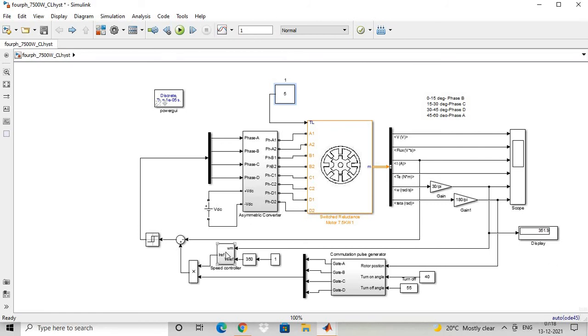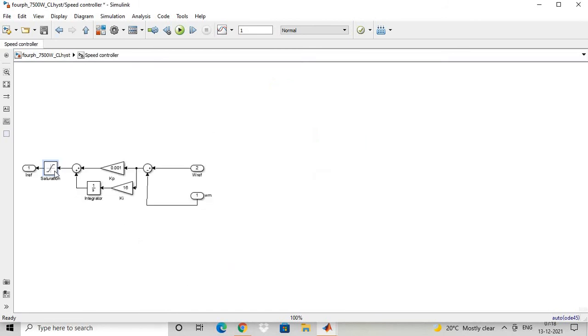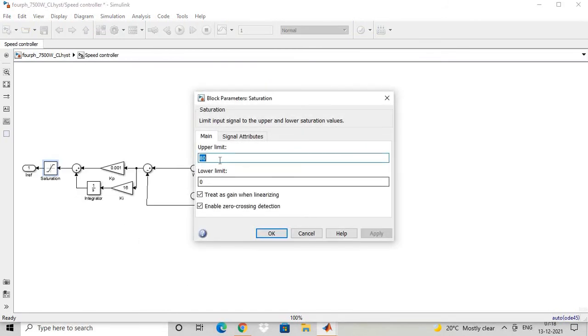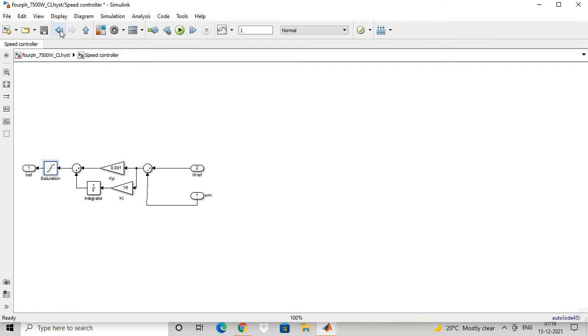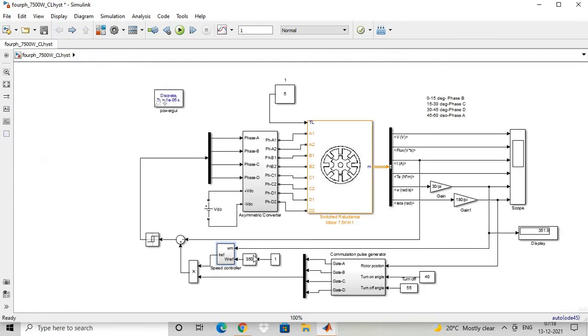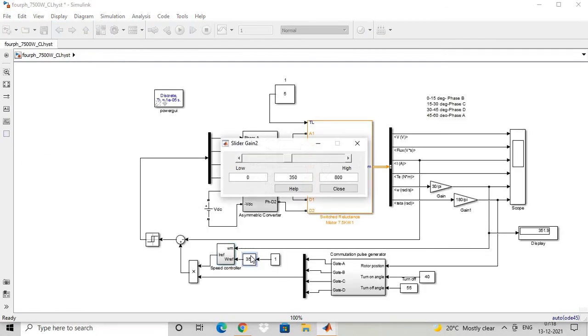Then suppose I change this current limit to 100. Then I increase this speed reference to 500 rpm, and the maximum speed range is 3000.